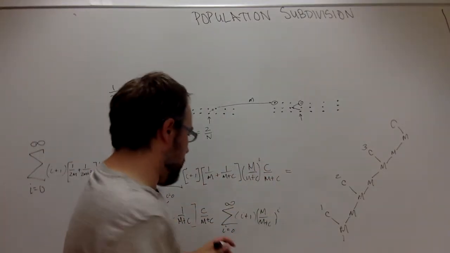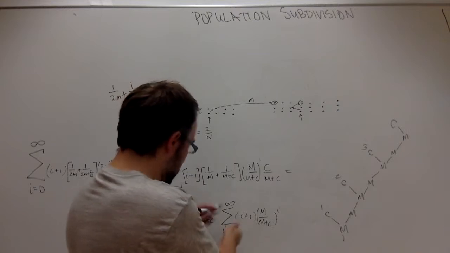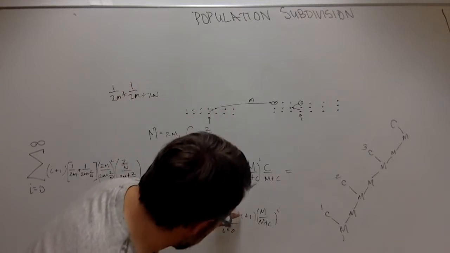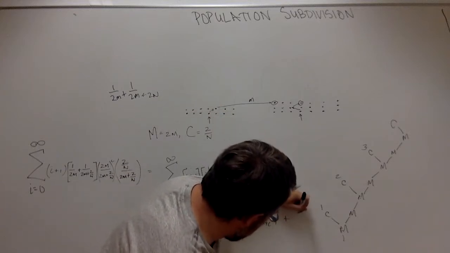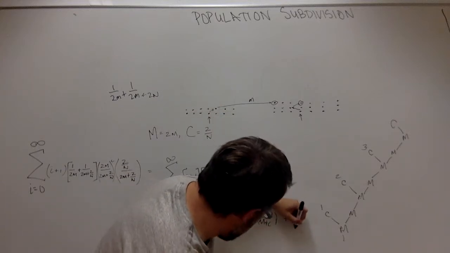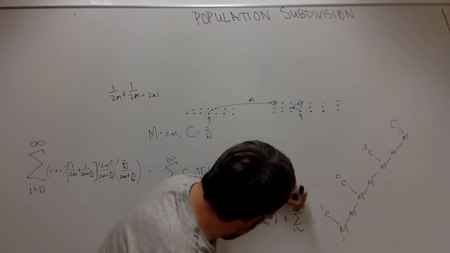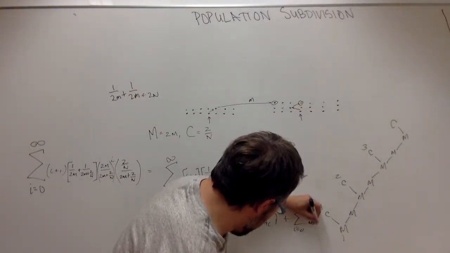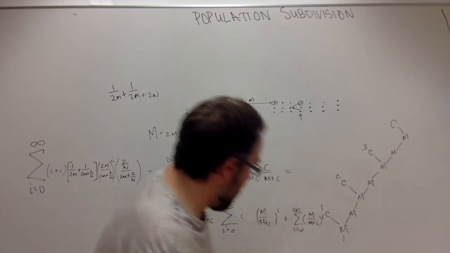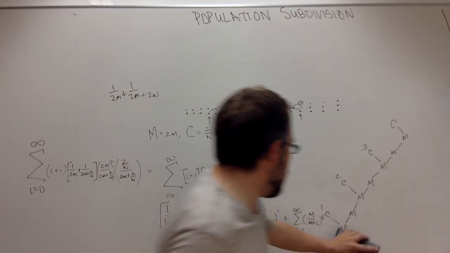So now the other thing we can do is take this term and split it. I'm going to take this 1 out and bring it into its own term. So this is 1 times (m divided by m plus c) to the i. We're going to erase this tree because it's in our way.